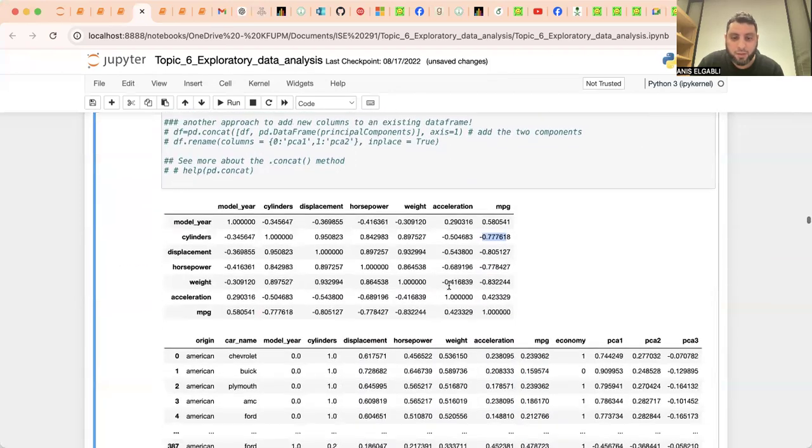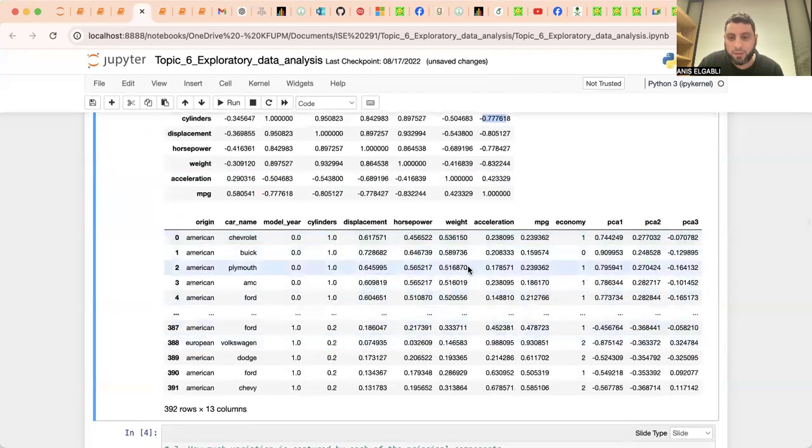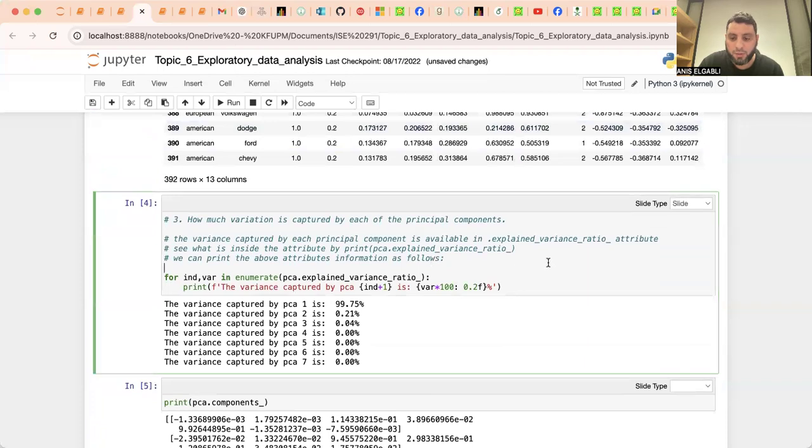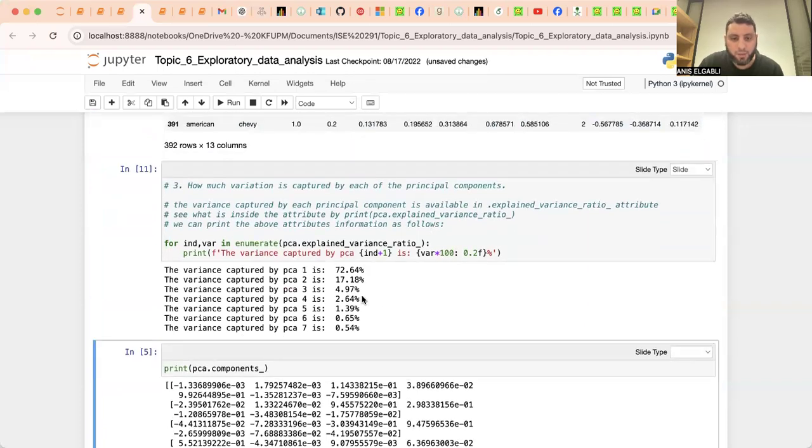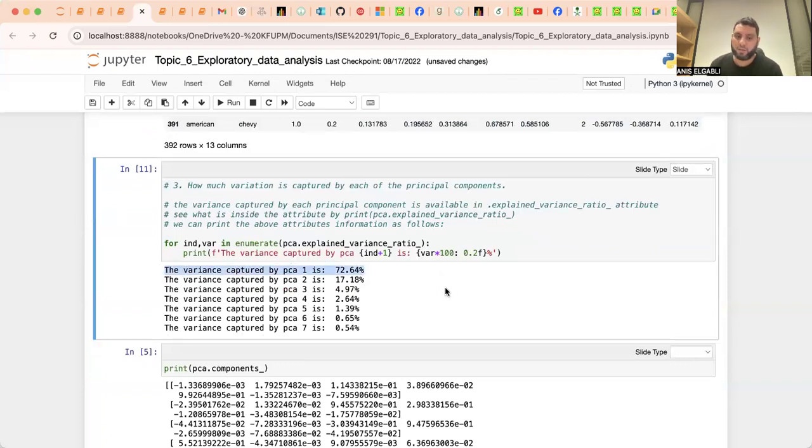Now here we did normalize the features. If we compute the PCAs after the normalization, this is what we get. The first one covers only 72.64% of the variance. With the first three, we are covering around 95% of the variance.